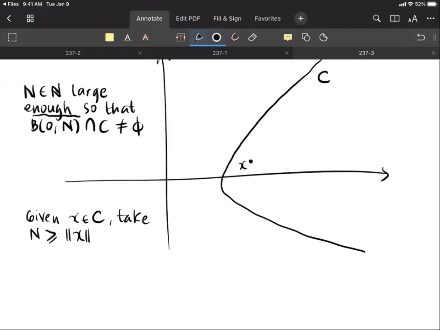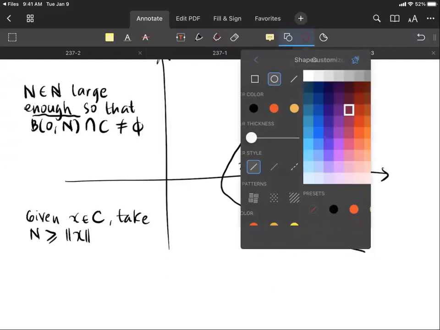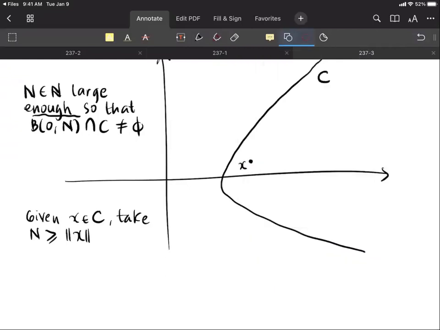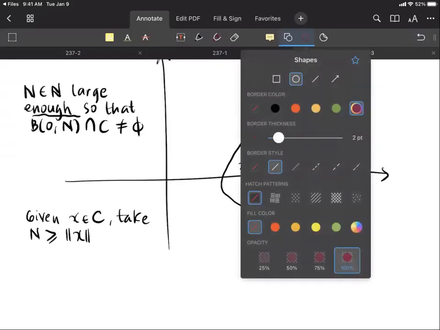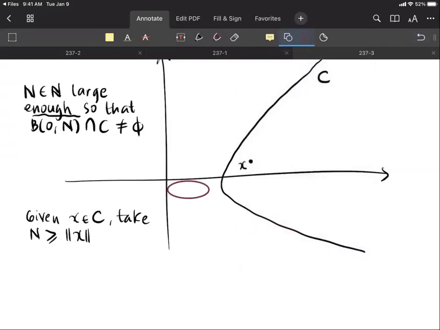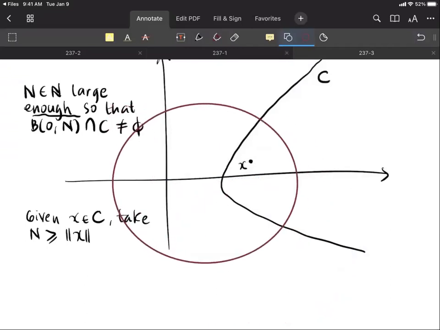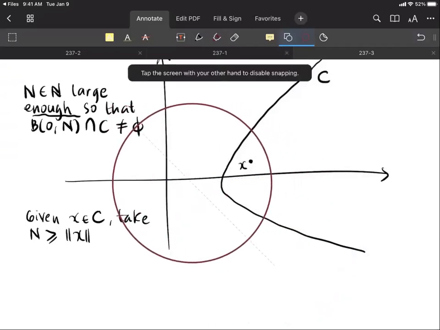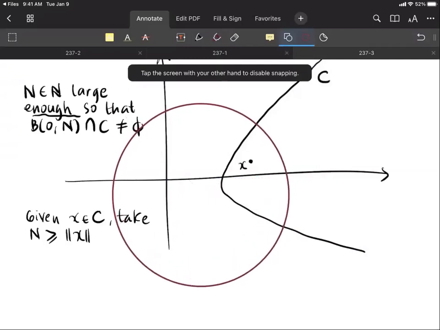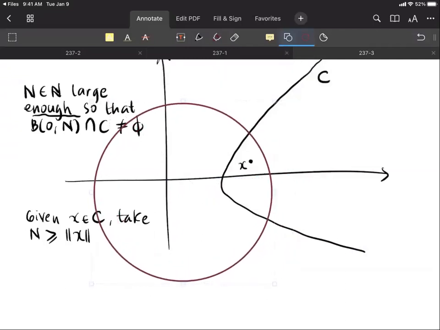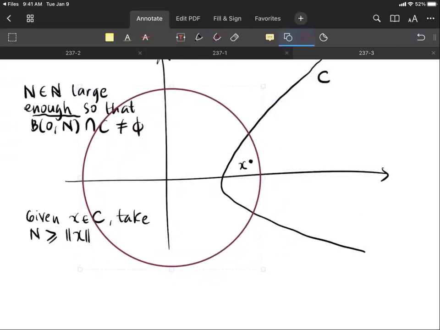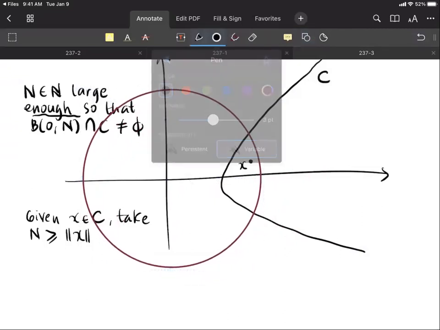Why is that? Well, let us construct a ball that would contain this set. The radius of this would be, in this case, N.